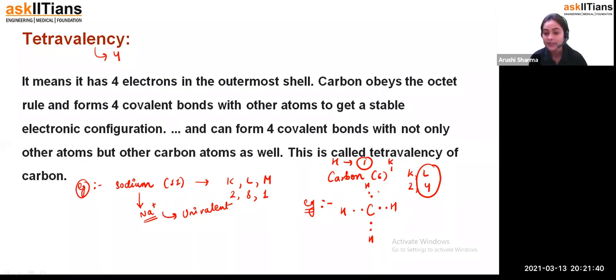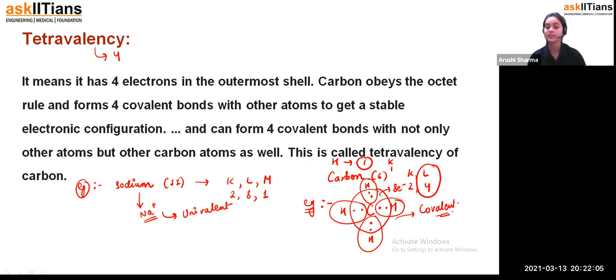You will see that carbon is sharing these electrons, and that's how the carbon atom has 8 electrons in total, which means it is acquiring the noble gas configuration. The hydrogen is also sharing electrons with carbon, and that's how it becomes a covalent compound because of the sharing of electrons.